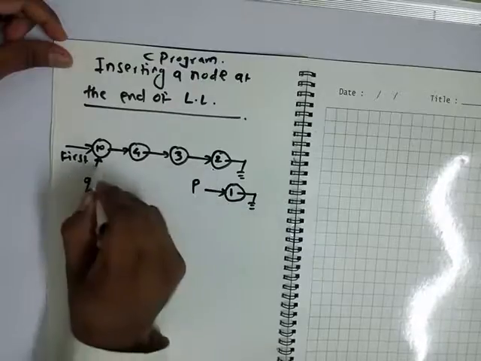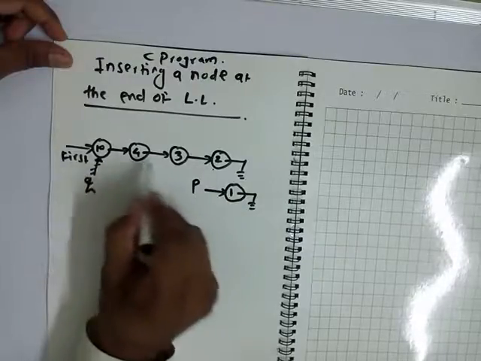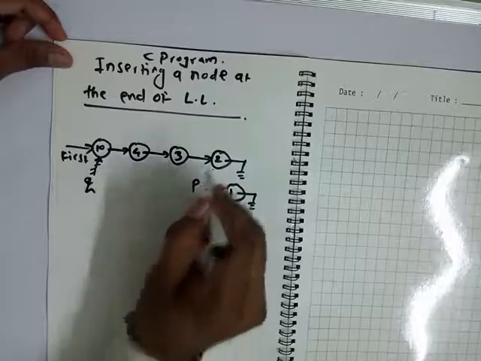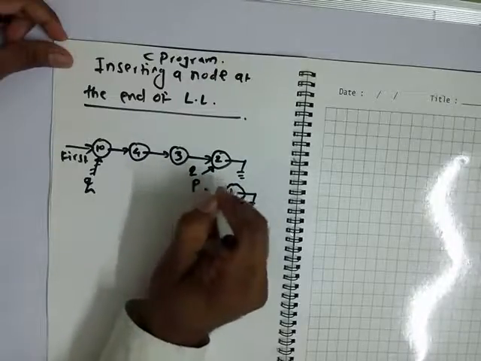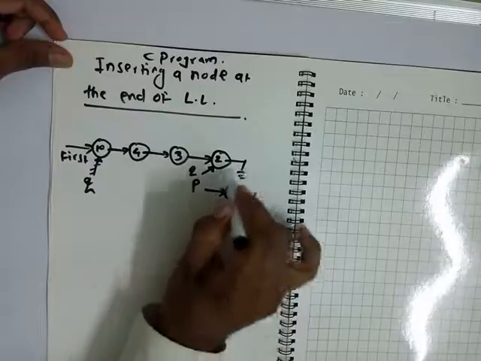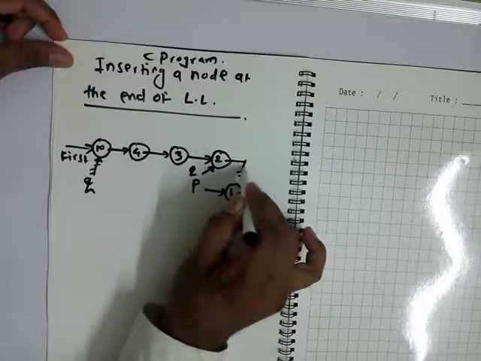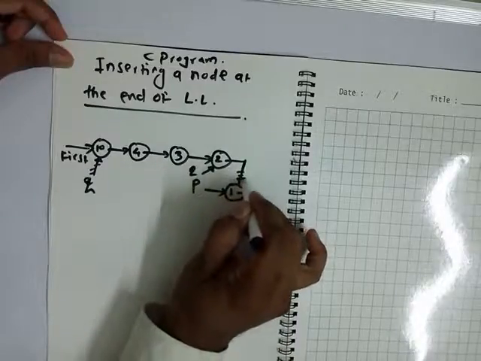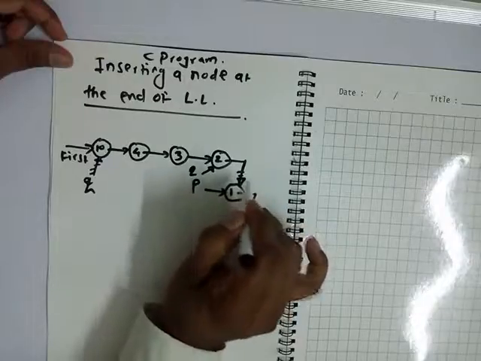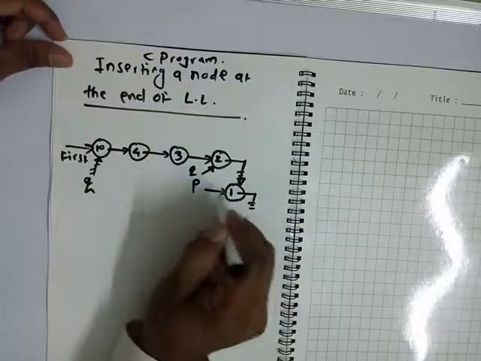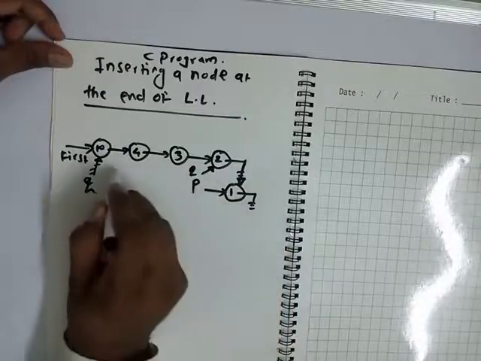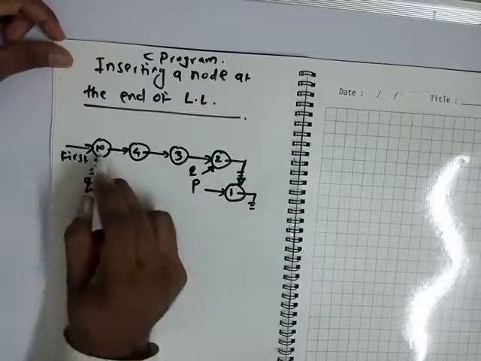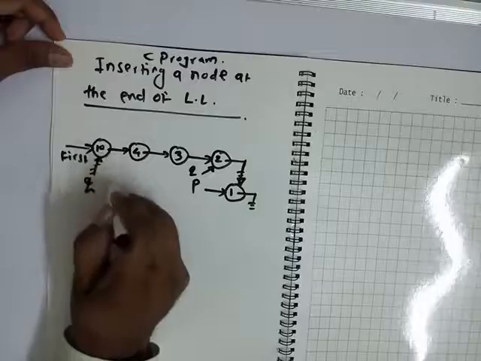So I'll simply make q equal to q next, q equal to q next till q next becomes null. When I have my q here, what I will simply do is q next equal to p. So this q next, which was null, will now point to p. Right? So thus I get the new node inserted inside the linked list, and I'll return the address of the modified linked list to the calling function.